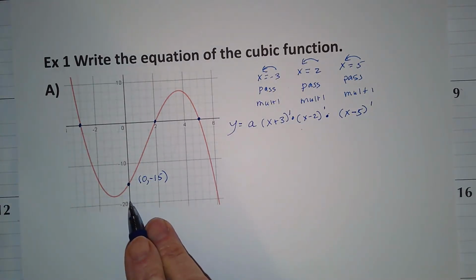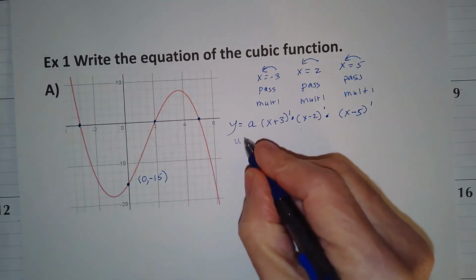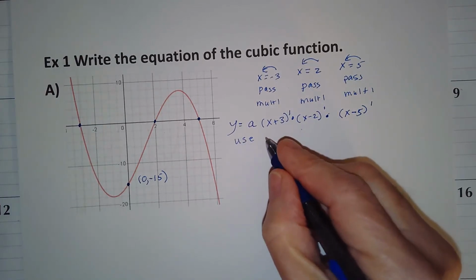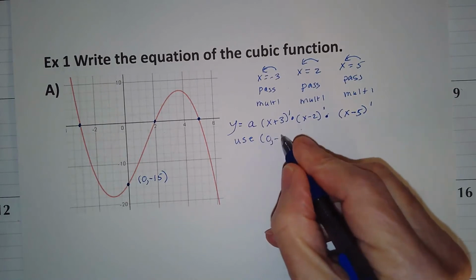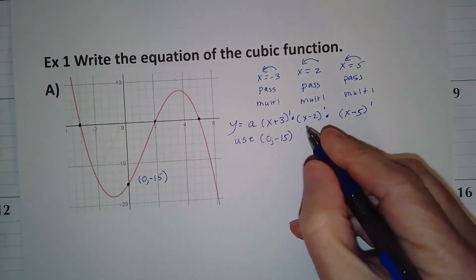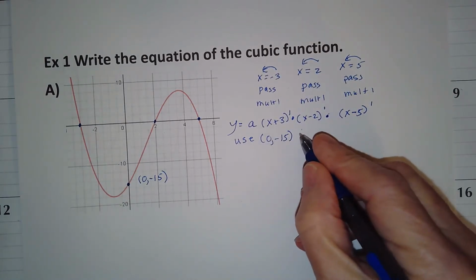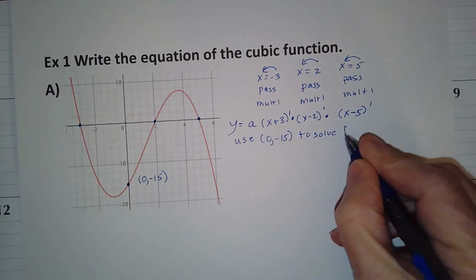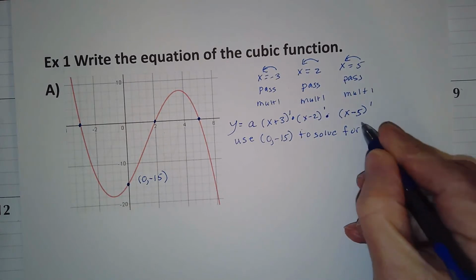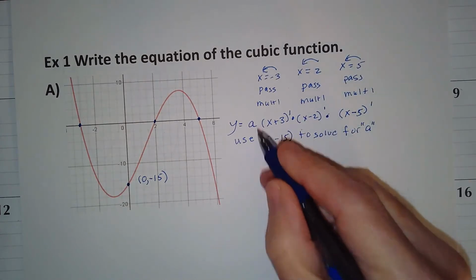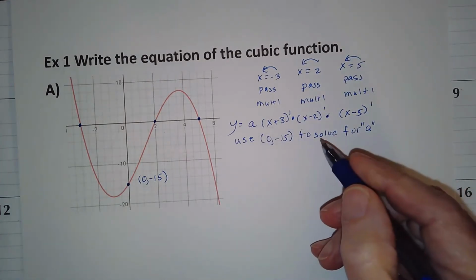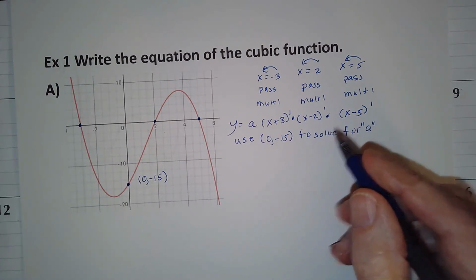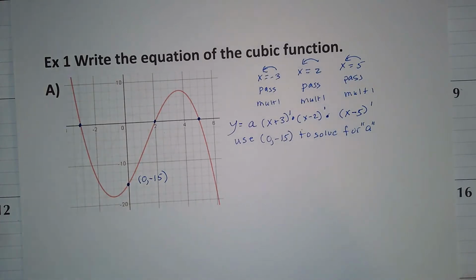So we're going to use a specific point, 0, -15, to solve for a. That's the a. This is the a over here. Okay. All right. So now that we know that we're going to do that, let's go ahead and get started.